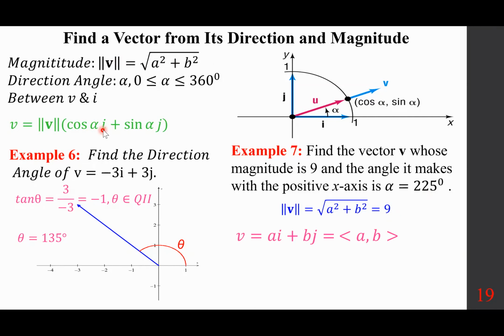So V is a i plus b j, or in this format, either one is fine. A is 9 cosine of 225 degrees, and b is 9 sine of 225 degrees.